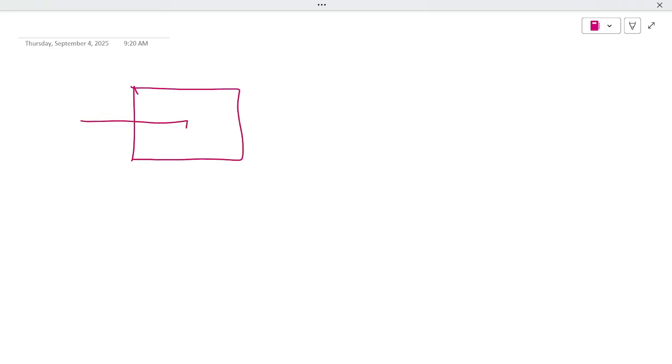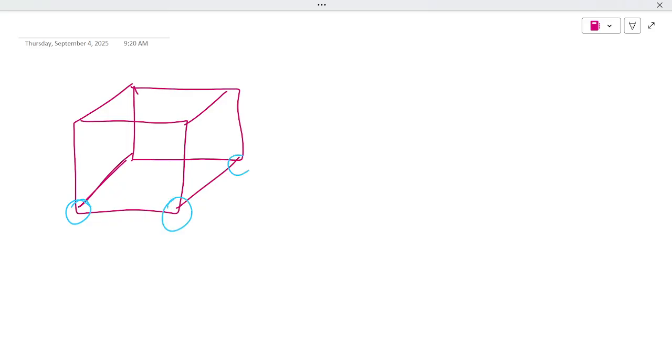So for the simple cubic structure, we know that it would be drawn like this. This is a simple cube, and in the simple cubic structure we have atoms at the corners.